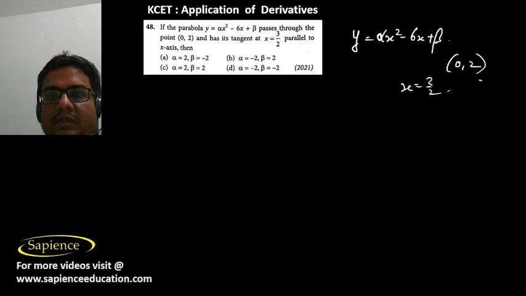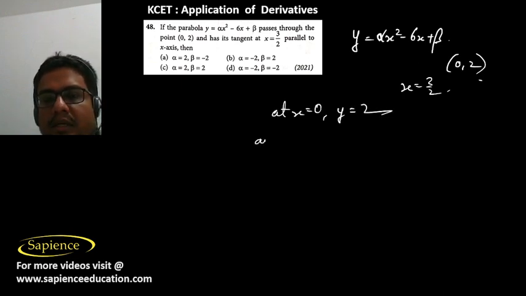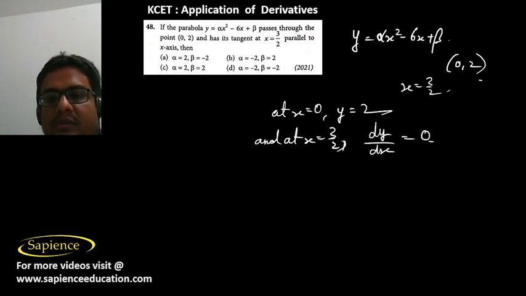That means at x equal to 0, y is equal to 2, and at x equal to 3 by 2 the tangent is parallel to the x-axis, so the slope is 0. With these two conditions we have to find the values of alpha and beta.